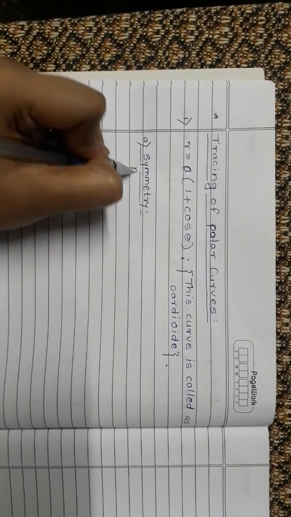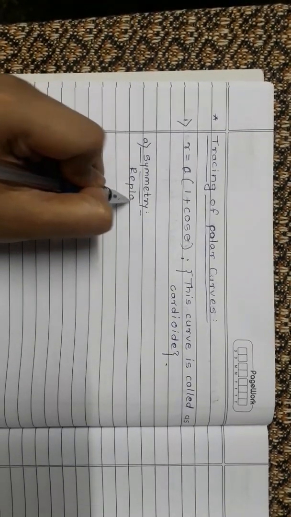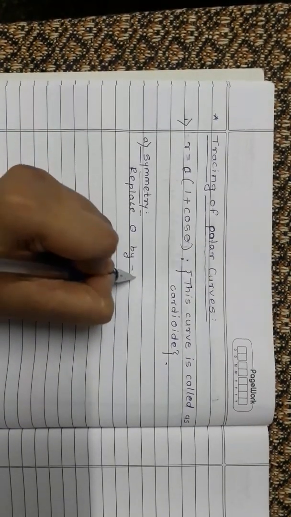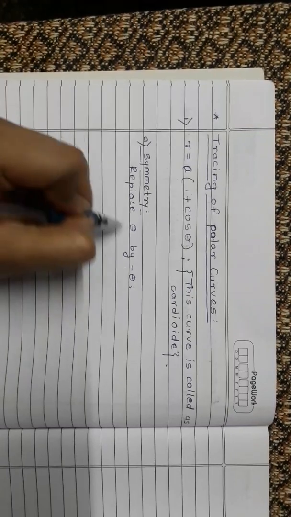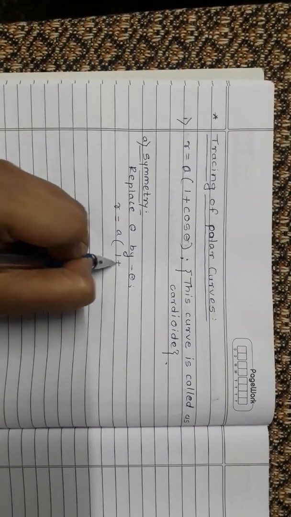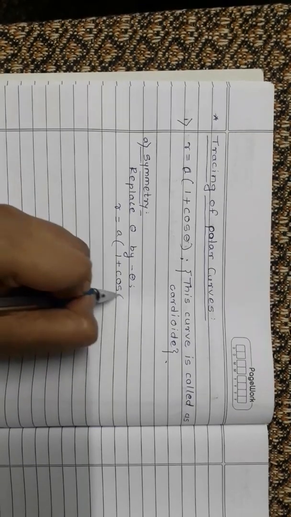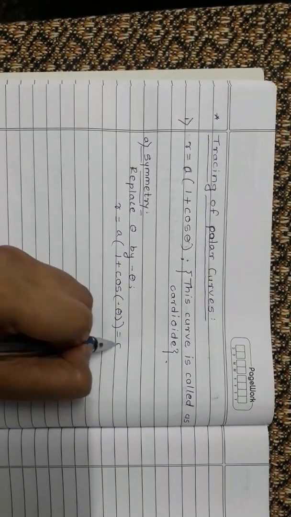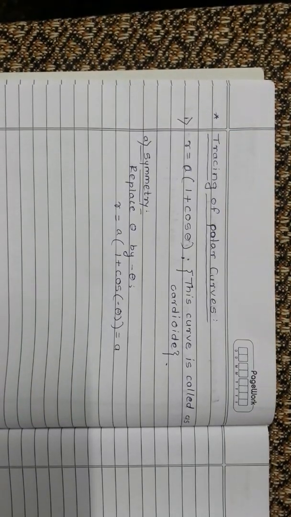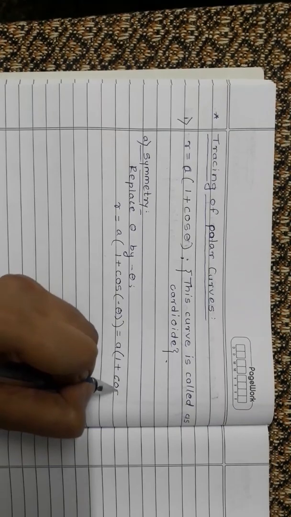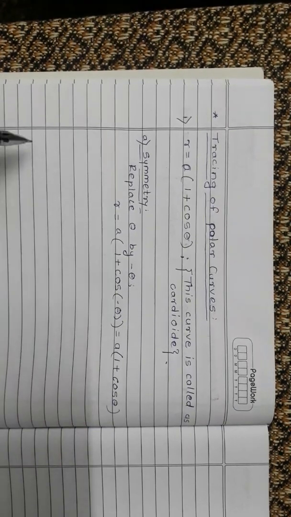So replace theta by minus theta. What do we get? r is equal to a into 1 plus cos of minus theta, and since cos of minus theta is the same as cos theta, this is equal to 1 plus cos theta again. So the curve remains unchanged.